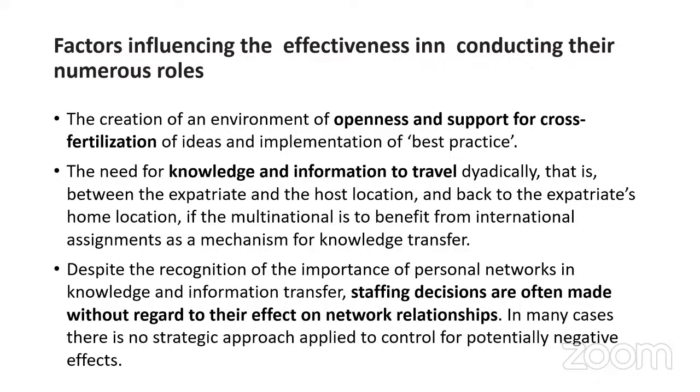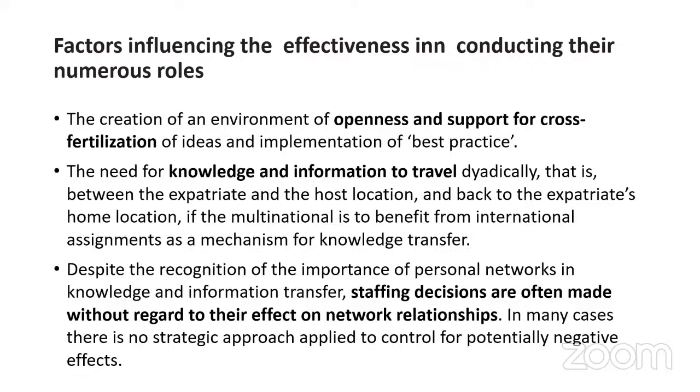The second thing happens to be the need for knowledge and information to travel diagonally, that is, between the expatriate and the host location and back to the expatriate home location if the multinational is to benefit from international assignments as a mechanism for knowledge transfer. The second thing is how knowledge and information travel.